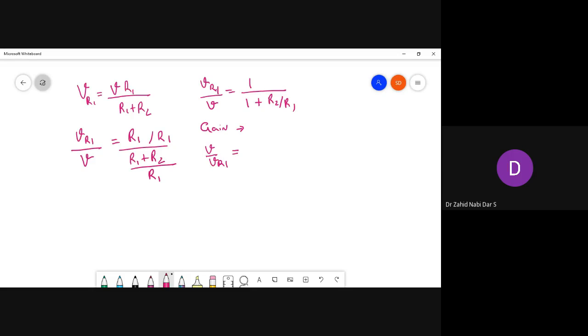So here you saw that V into R1 upon R1 plus R2 was equal to VR1. In that case, V by VR1 would be equal to how much? Tell me. This you brought down, this you kept here, you can write R1 plus R2 by R1. In that case it's 1 plus R2 by R1. So this would be again when you are considering this particular circuit.